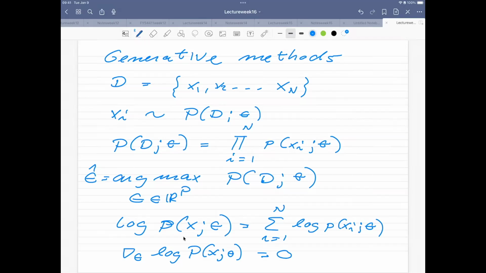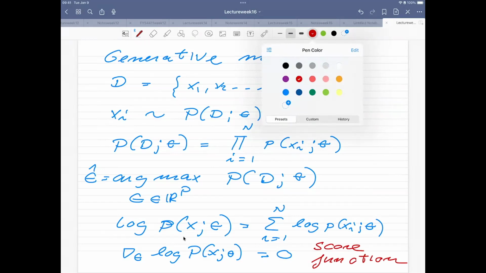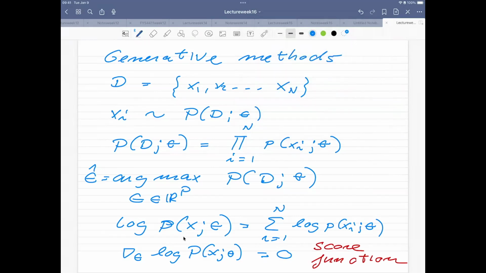So you will often see this called the score function in a statistics context. It has some interesting properties, because if we take the second derivative of it, we can define something called the variance. This variance is interesting for us in many different connections, because it's going to define the Fisher information.